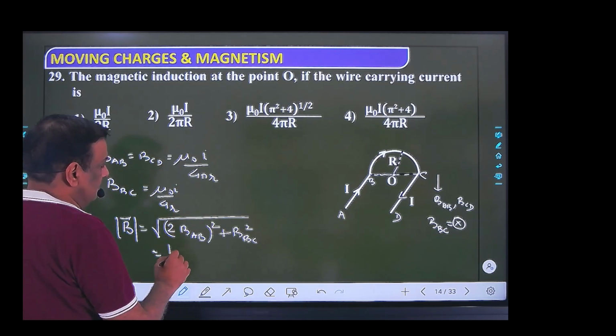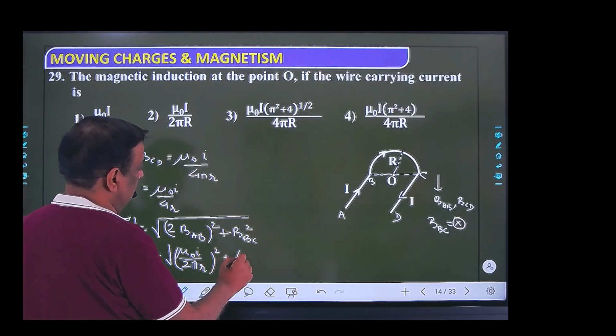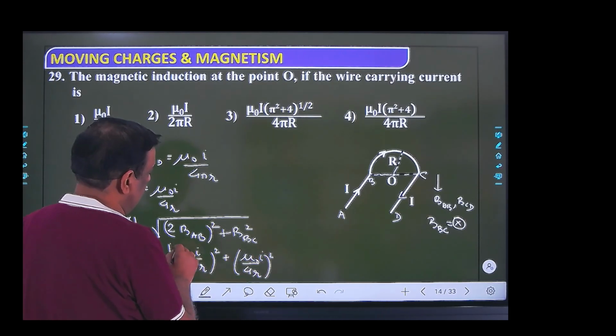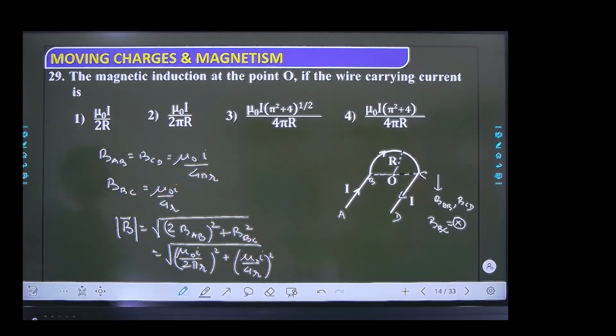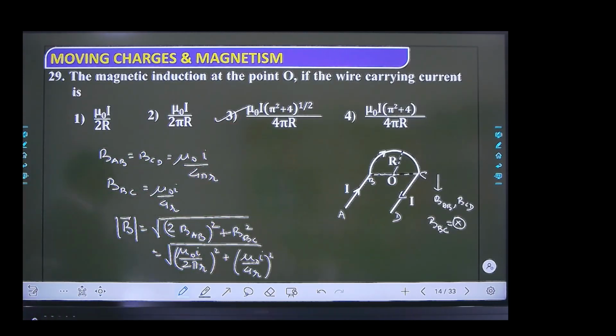Twice of this. This will be the result. समझ में आ रहा है? डायरेक्शंस देखो, डायरेक्शंस क्लियर है ना सबको?